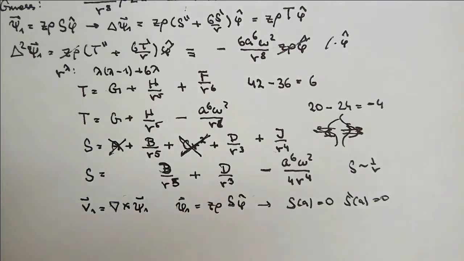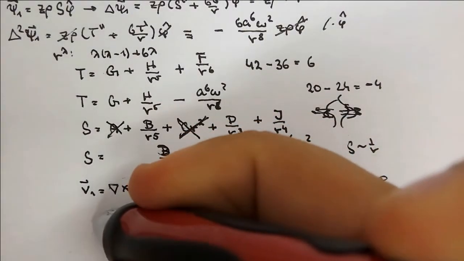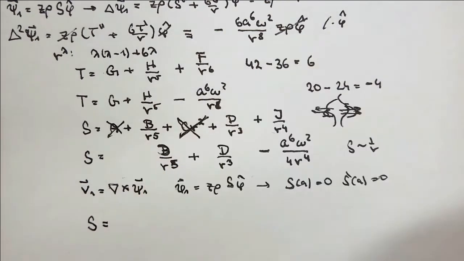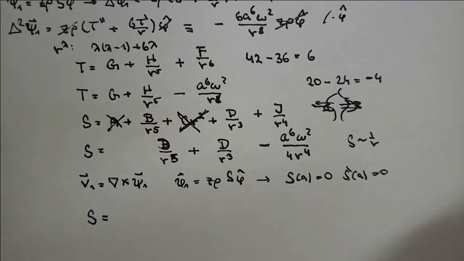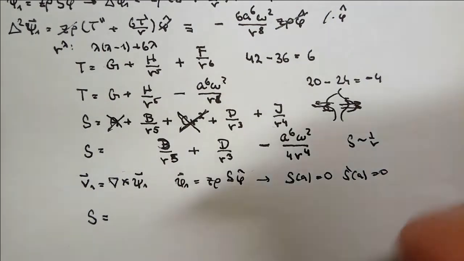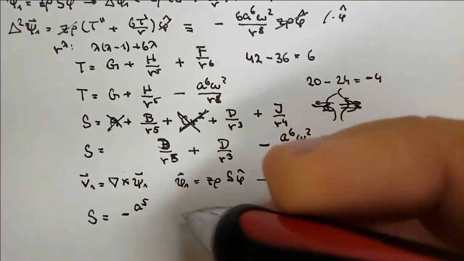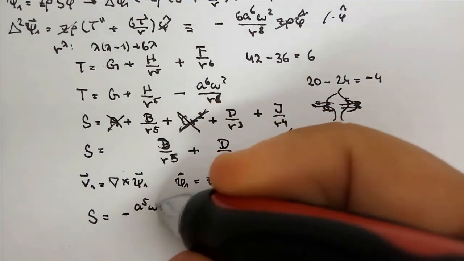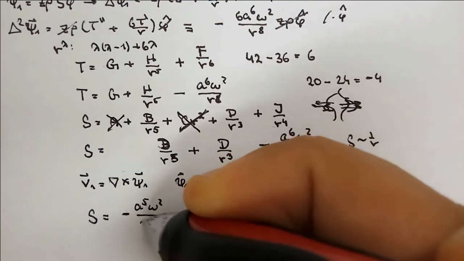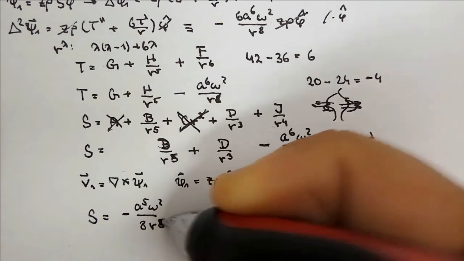It's very easy to handle, and you will arrive at this solution for S. S will be equal to minus, for the B term to the R to the fifth power, you will get this minus A to the fifth power times omega squared divided by A to the R to the fifth power.